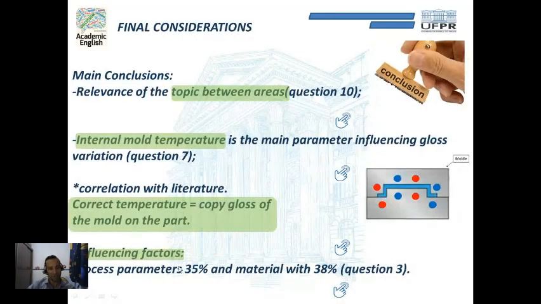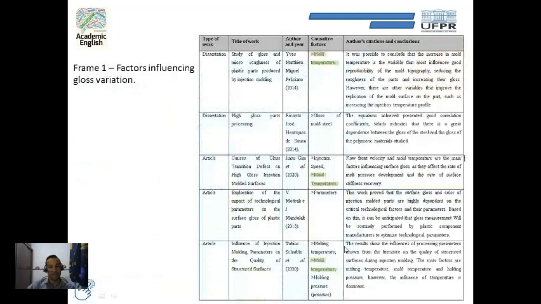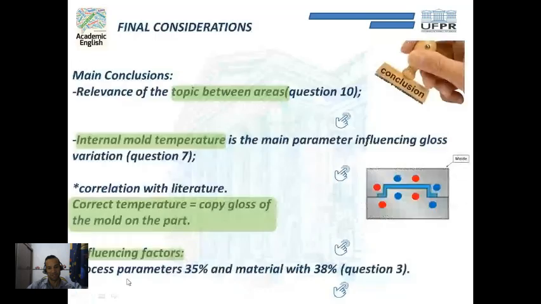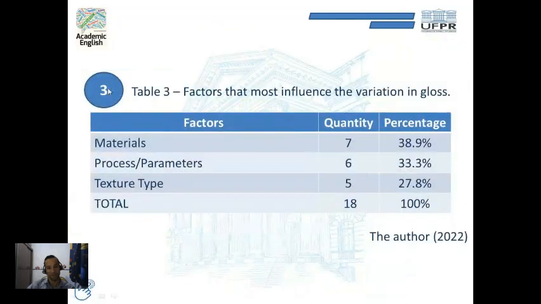As for influencing factors, we have process parameters at 35% and material at 38%. We can see question 3, where the top 1 and top 2 are material and process parameters.